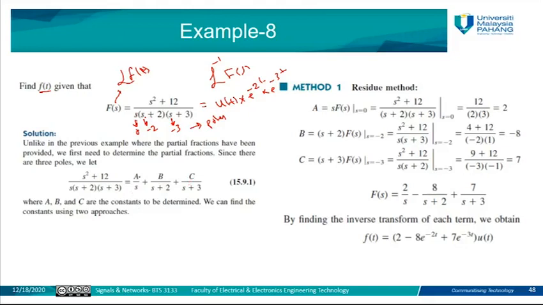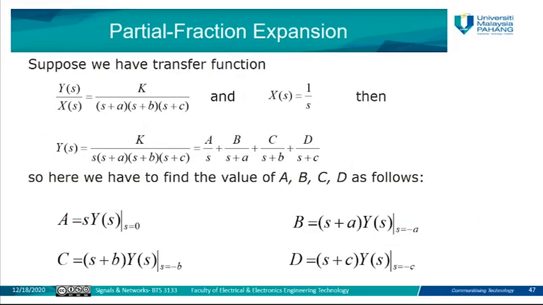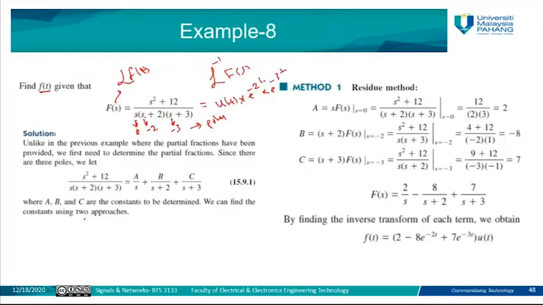As we did here before in this part, if you want to find A, you need to multiply the denominator, or the pole of A, times the function, and you substitute for each s the value of the pole, the value which makes the denominator equal to 0. We can see here: A over s plus B over (s plus 2) plus C over (s plus 3).